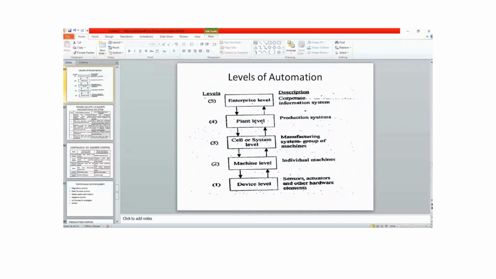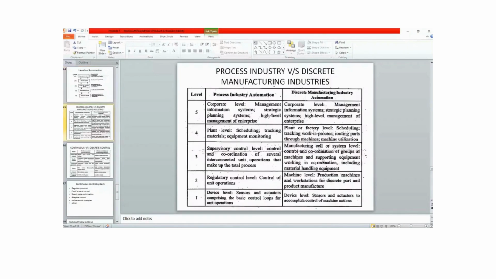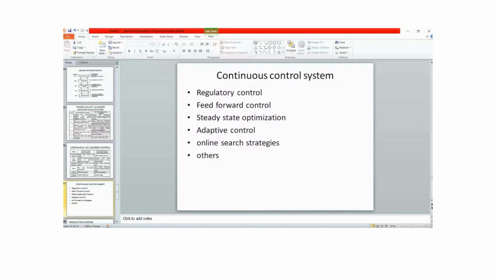In the supervisory control level, we are going to take overall information regarding the process. One supervisor will be there, and that supervisor will be checking the quantities and whether the persons are working or not. What operation is going on, and whether any necessary things are required. Then he has to manage all those things.